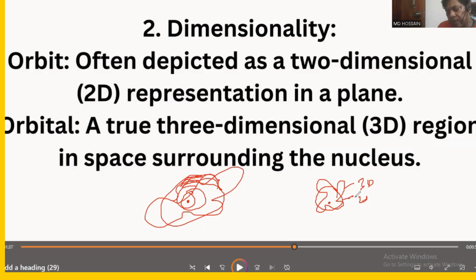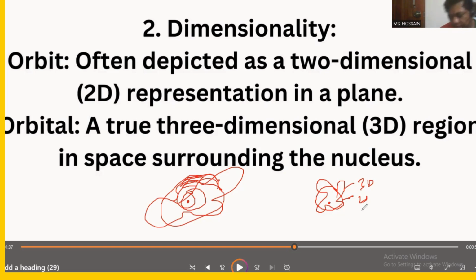So in our previous slide we have seen, in terms of the circular way, in terms of the moving route. In point number 2, we are watching that they can also differ from each other in terms of dimensionality.